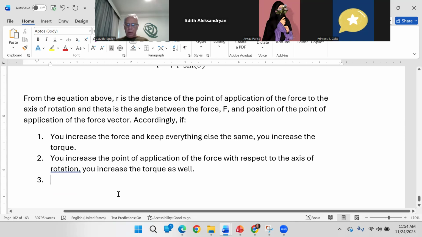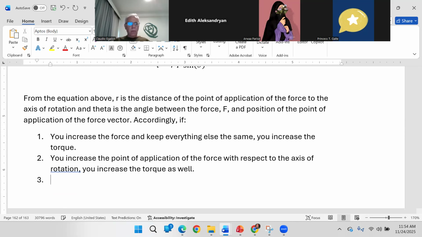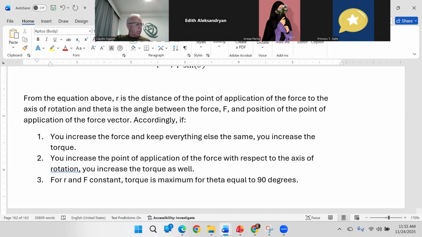What else? For R and F constant, torque is maximum for theta equal to 90 degrees. Okay?